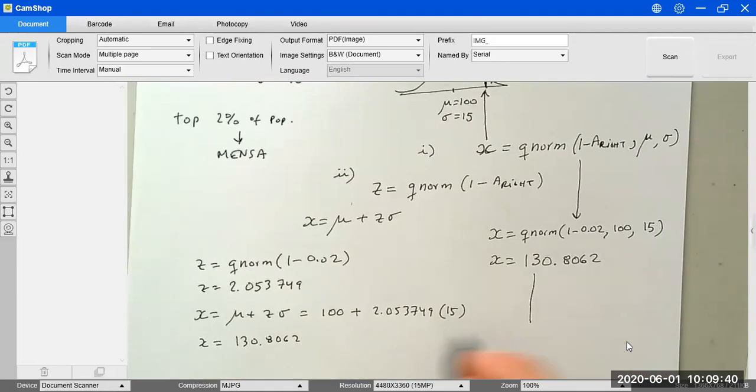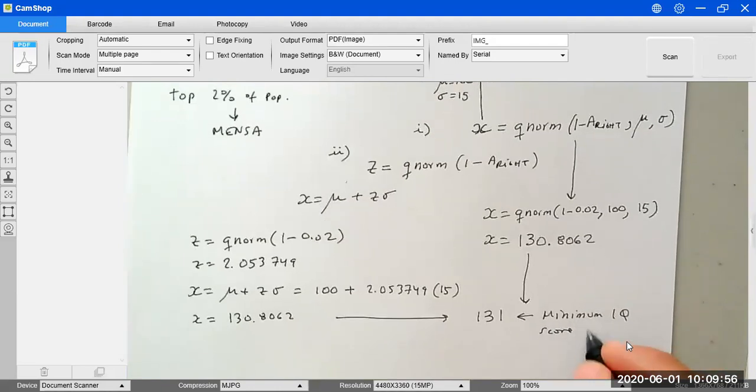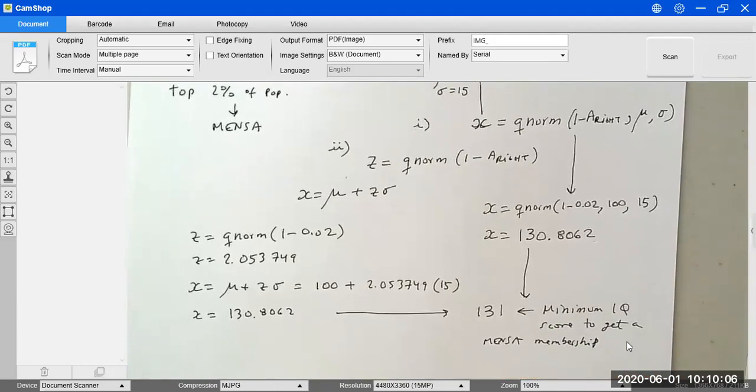So these two values are the same and the routes are different. So what is the value? You round up. So 132 is the minimum IQ score to get a Mensa membership.